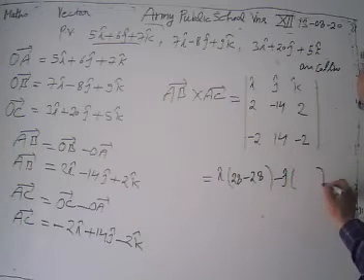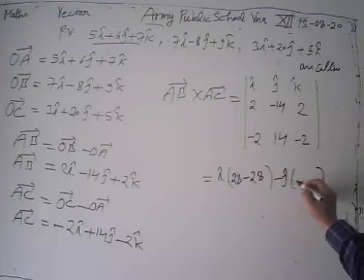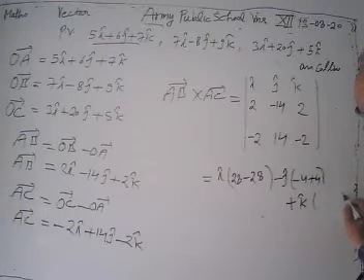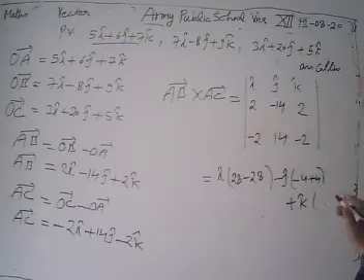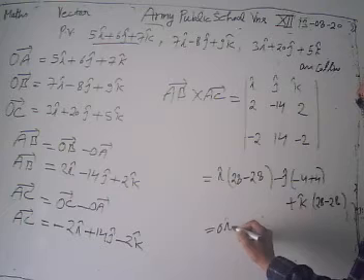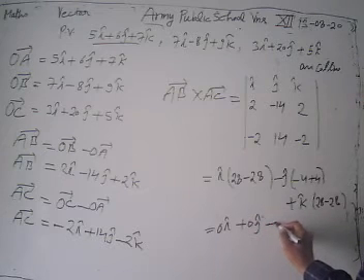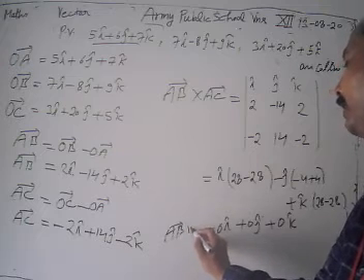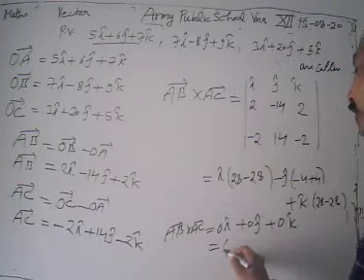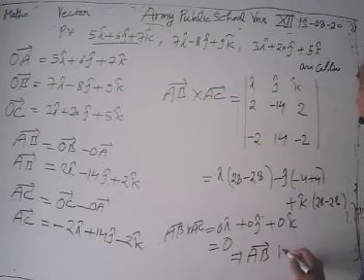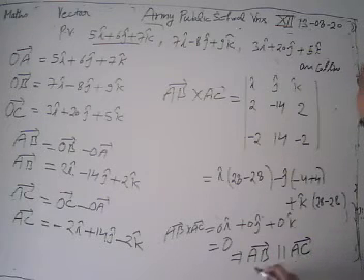Minus J cap, minus 4 plus 4, plus K cap, 28 minus 28. Now look what we get: 0 I cap plus 0 J cap plus 0 K cap. Our vector AB cross vector AC is 0. This implies our vector AB is parallel to vector AC.